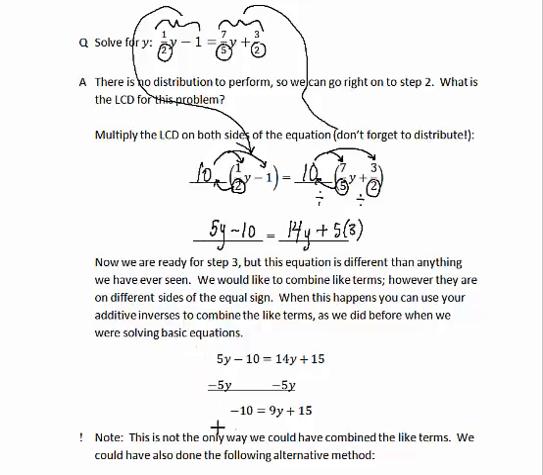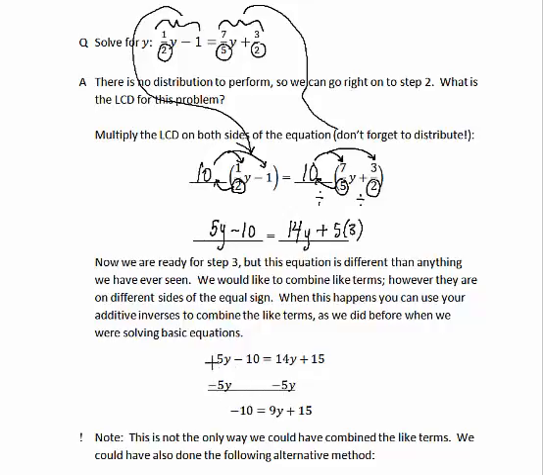Here is a new situation that we haven't seen before. We have a y on the left and a y variable on the right. Okay, if you want to move something from one side to the other, which is kind of what we're doing with the 5y, we have to do the opposite operation.